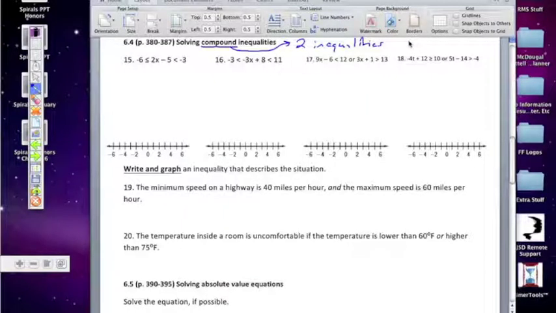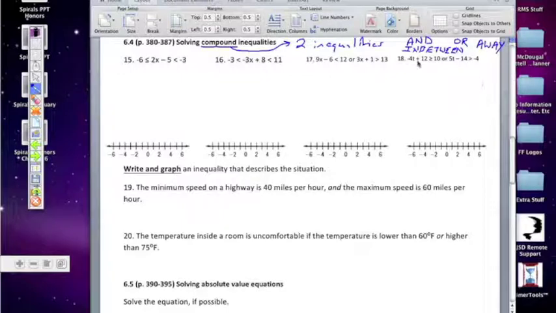We have an and situation, and we have an or situation. What is the difference in the two? And shades in, or shades away. Good. And shades in between. Or shades away.